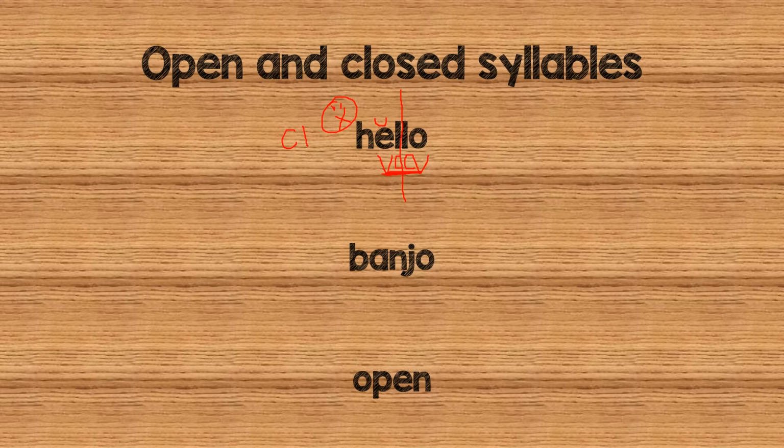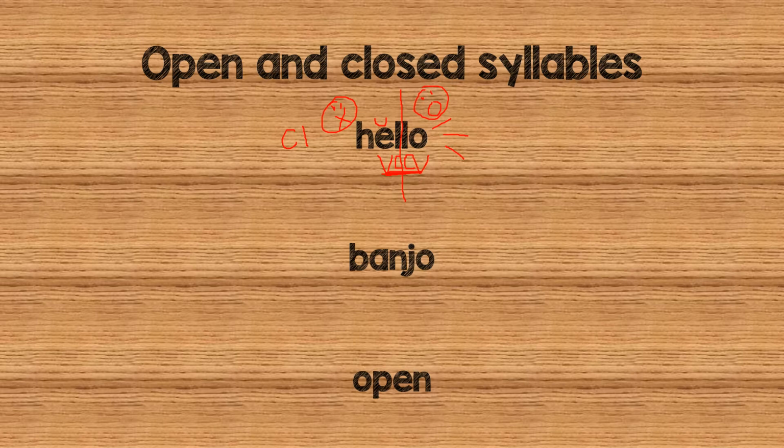Then I'm looking at the second syllable in this word. O, low. Do you hear how the O is long there? That's because there's no vowel after it. So that means it's open. Whenever the vowel's the last sound in a word, it's open. So we have closed syllable here in hell and then open syllable here in low.